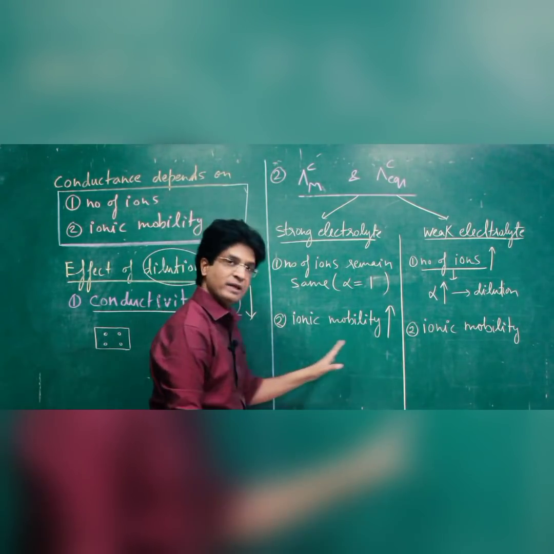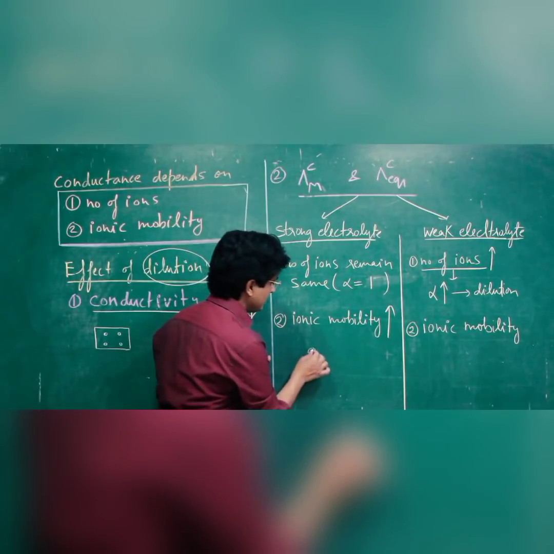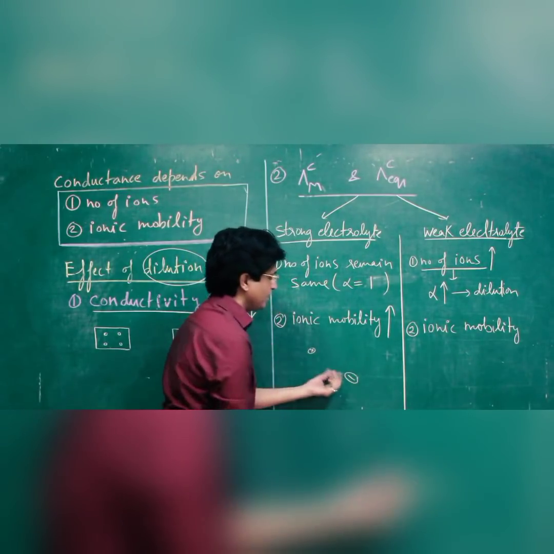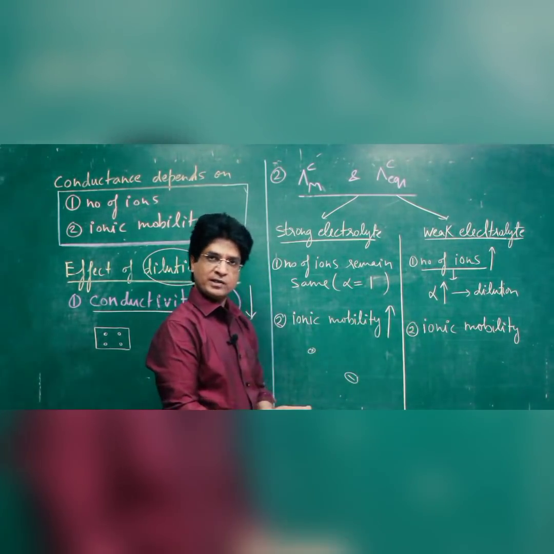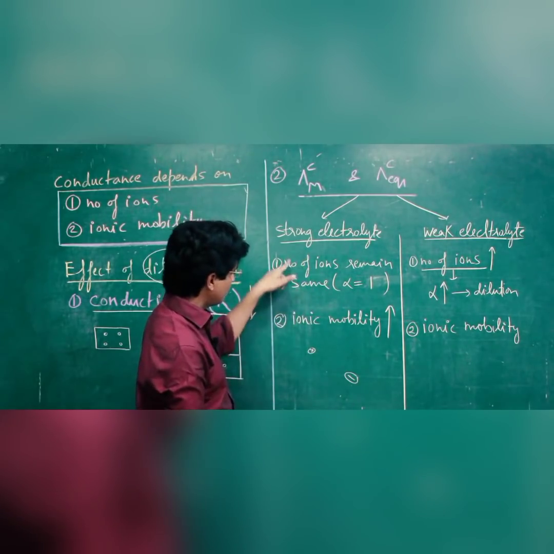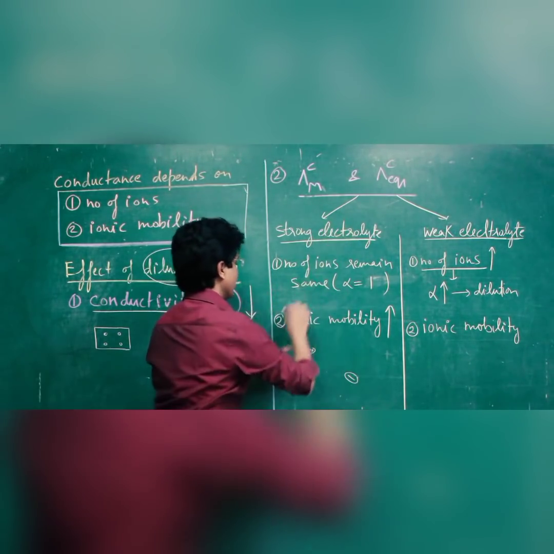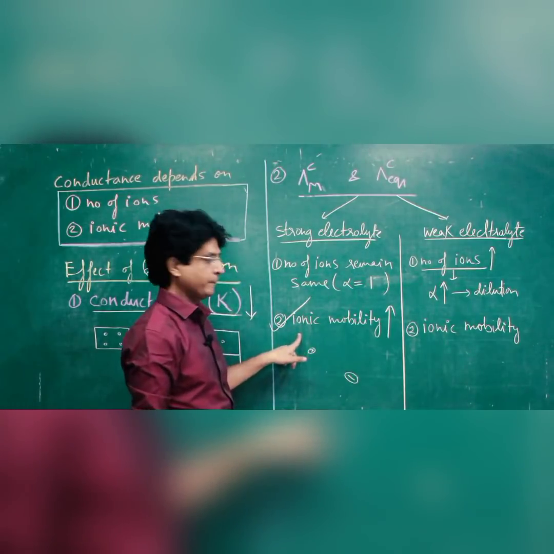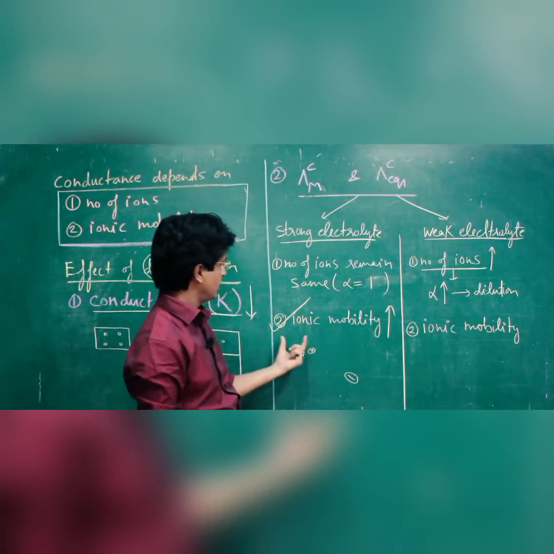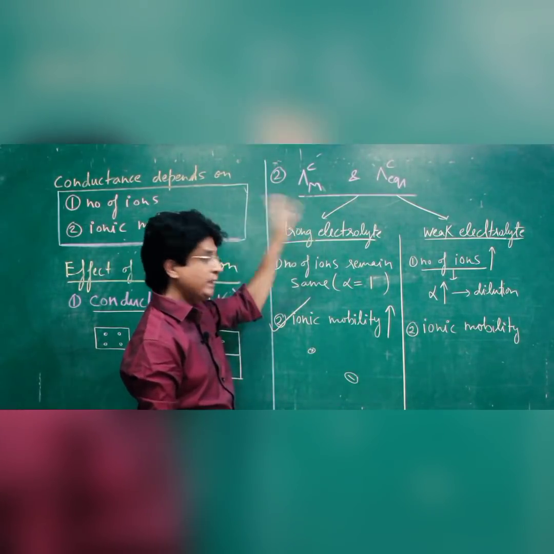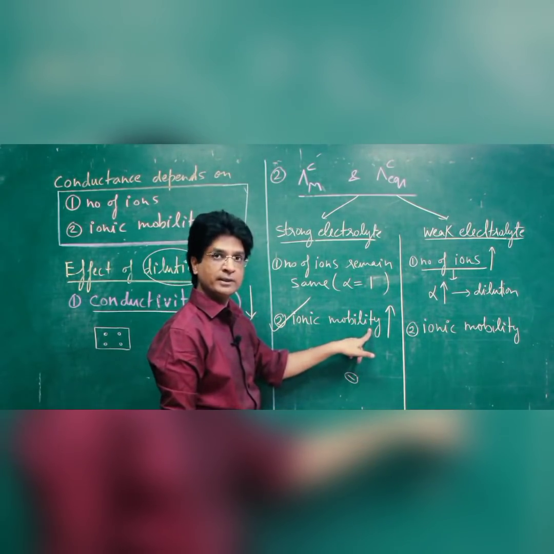Because on dilution, as we have discussed, the inter-ionic interactions will decrease, and because of that the movement will be faster. So out of these two factors, on dilution this will be the favorable one. That means the molar conductance and equivalent conductance will increase in a strong electrolyte because of increasing ionic mobility.